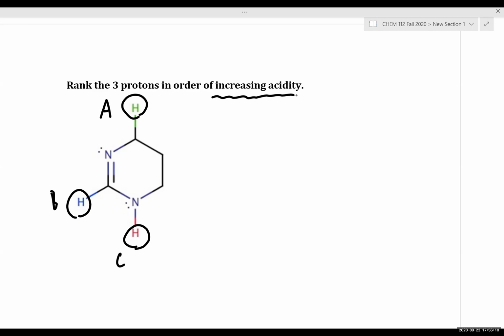Do we have any other responses before we discuss this example?